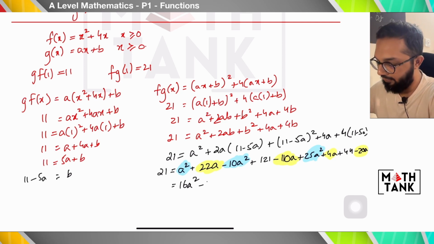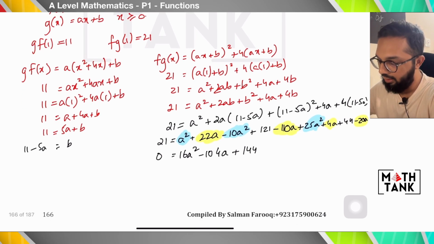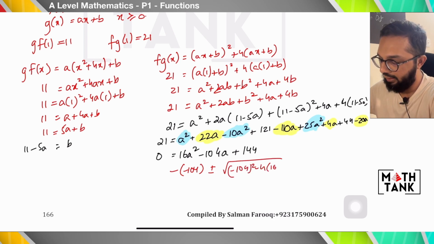I'm getting minus 104a, plus 121 plus 44 and minus 21 from the other side, so that I'm getting 144. Okay, then I can put this on my calculator with the quadratic formula: minus b plus or minus the square root of b squared minus 4ac, over 2a.